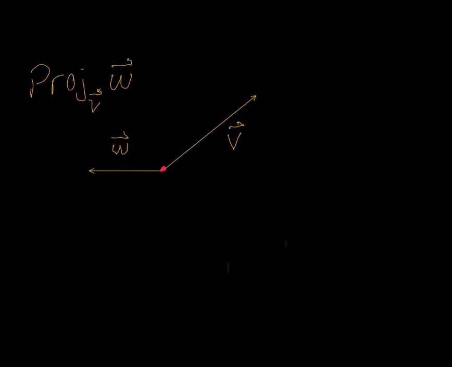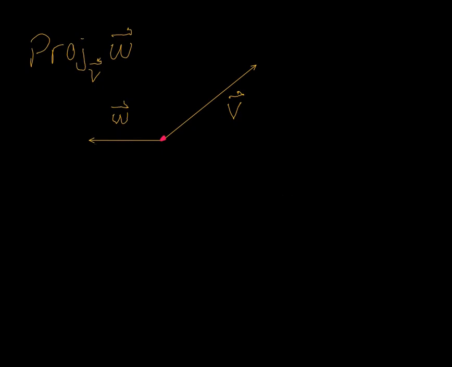Let's do projection of this horizontal vector w onto vector v. All right, we'll extend v in this direction. Imagine that orthogonal. Not very nice looking there. Starting here and going this way, that would be our projection of w onto v.